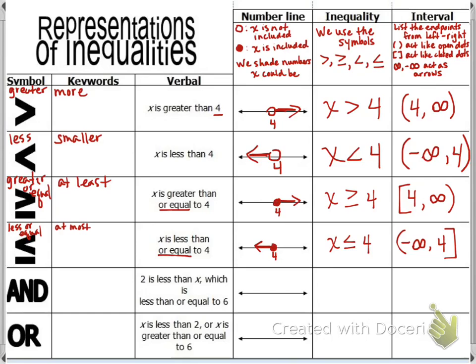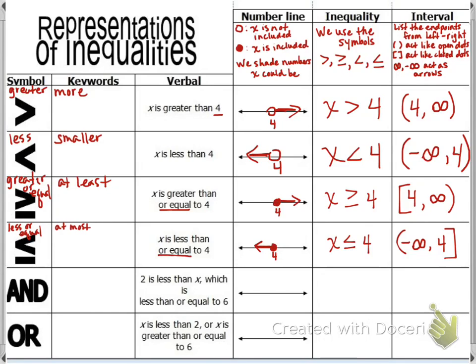You need to be able to tell me, yes, it is, because 6 is greater than 4. If I ask you, looking at that first example again, is 4 a solution? You need to say no, because the inequality says I have to be greater than 4, and 4 is equal to 4. It's not greater than. So just be prepared for that.